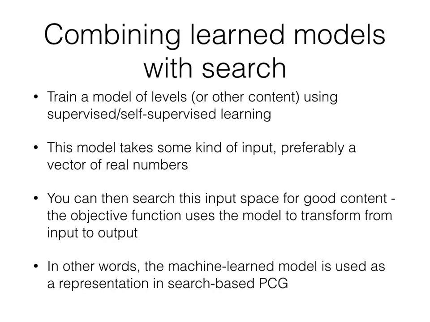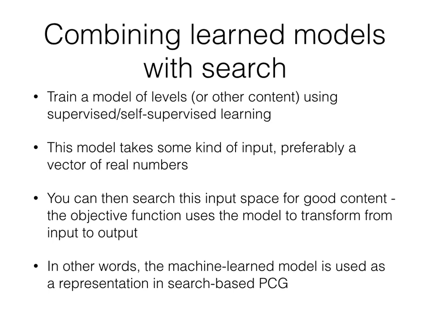So what can we do? One very, very clever idea is to combine learned models with search. So basically, combine procedural content generation via machine learning with search-based procedural content generation, or combining PCGML with SB-PCG.